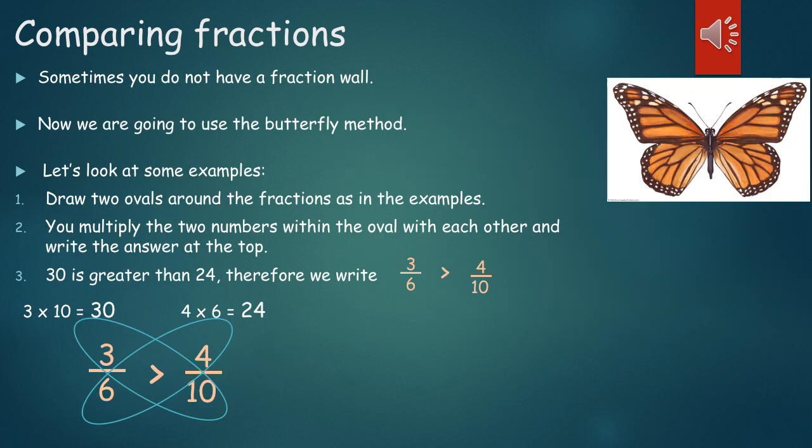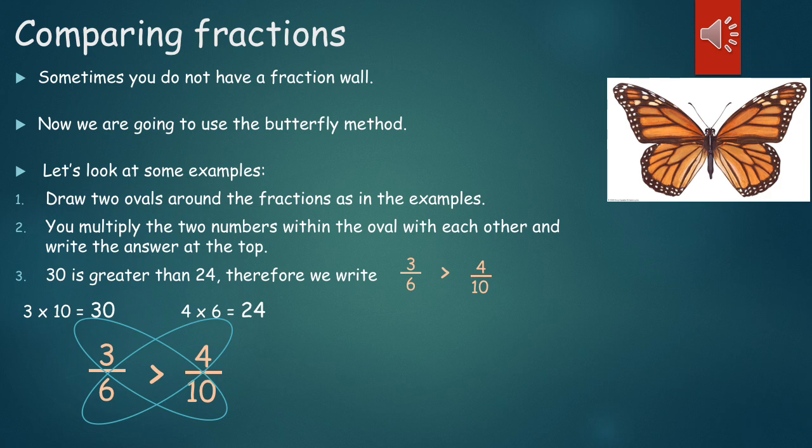Comparing fractions. Sometimes you do not have a fraction wall. Now we are going to use the butterfly method. Let's look at some examples. Draw two ovals around the fractions as in the examples.